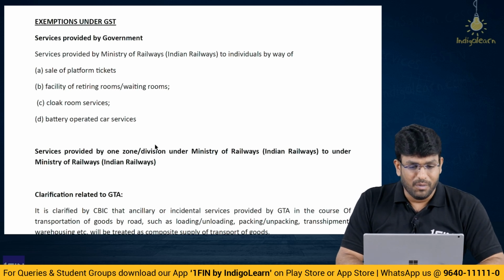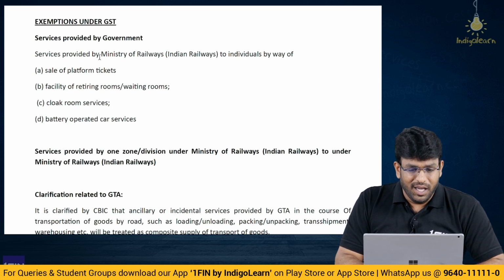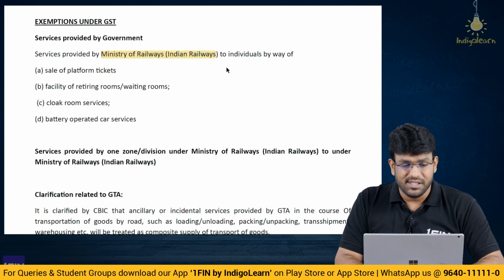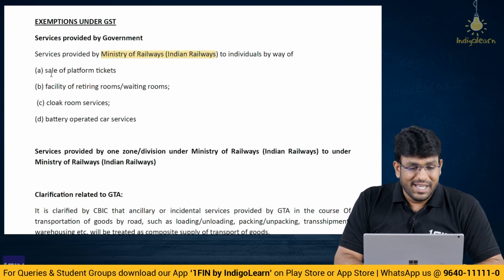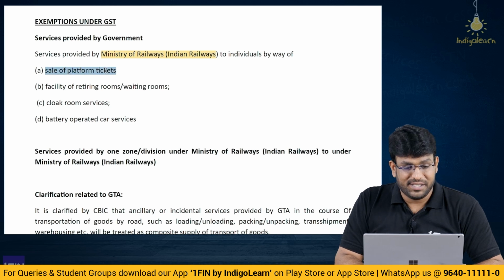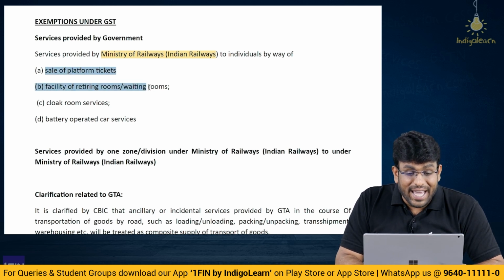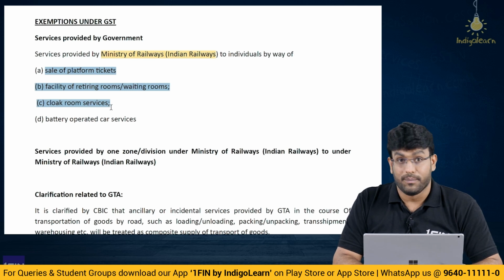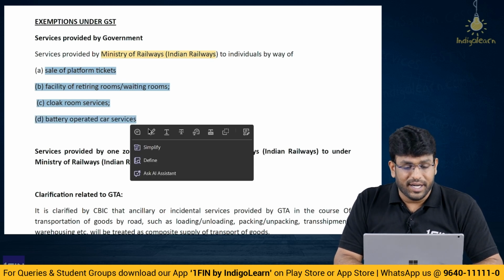See that. Number 1, services provided by Ministry of Railways, that is Indian Railways. Indian Railways is giving service to individuals by way of sale of platform tickets, facility of retiring rooms or waiting rooms, clock room services, that is where you can store your baggage, battery operated car services.